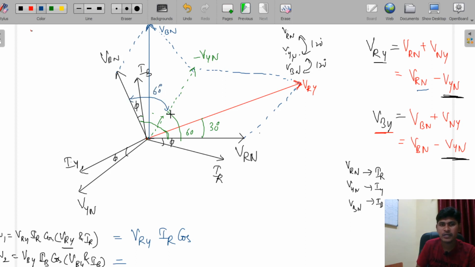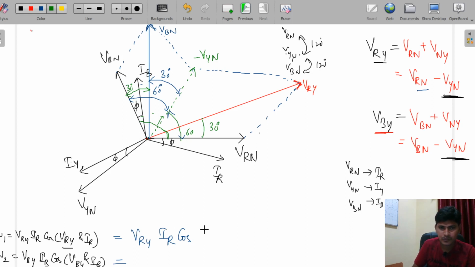Again it is divided into two halves, so the angle between these two will be 30 degrees, right?